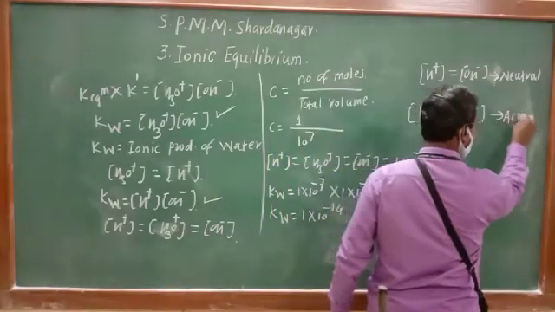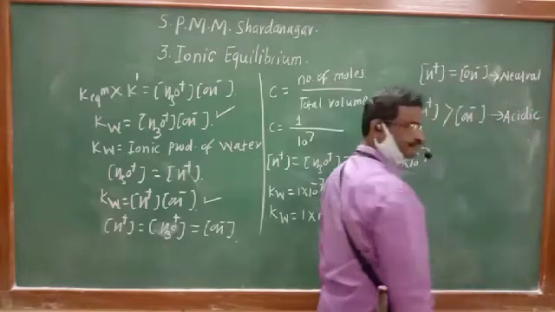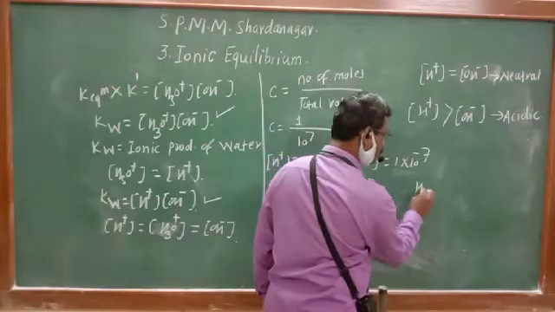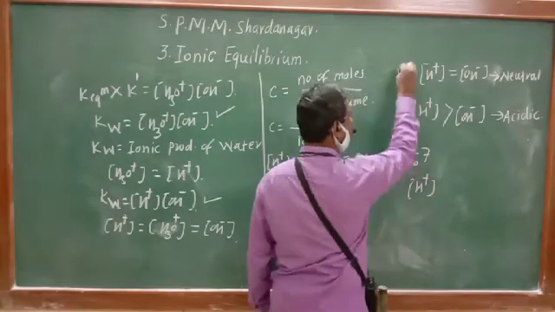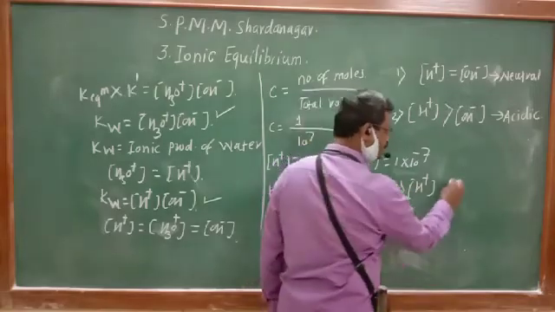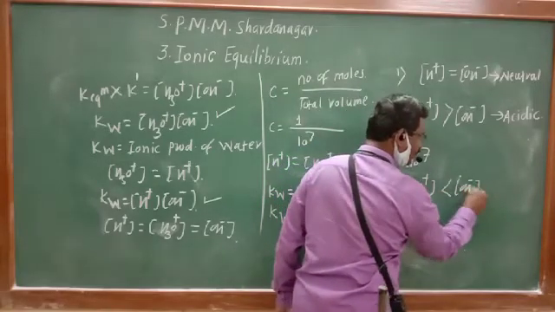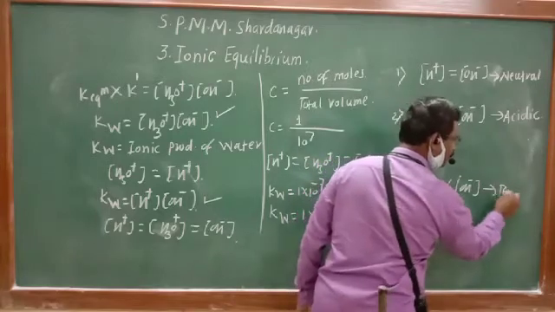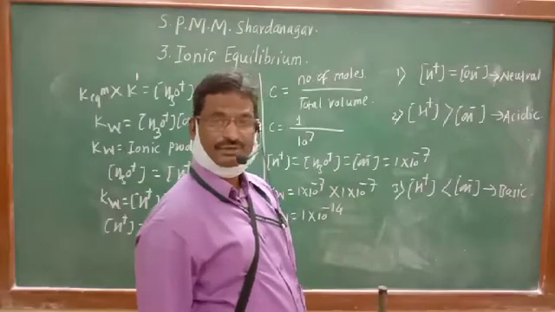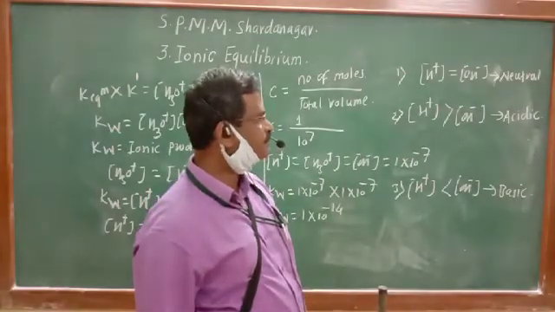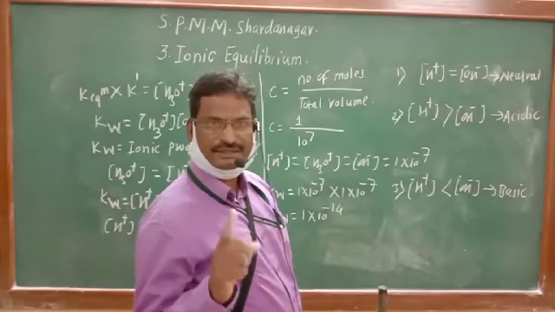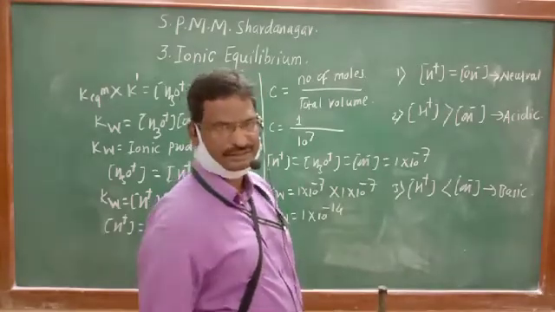This solution must be an acidic solution. And the third category: whenever H plus ion concentration is less and OH minus ion concentration is more, it is known as a basic solution. So these are the three types of solutions on the basis of H plus and OH minus ion concentrations.